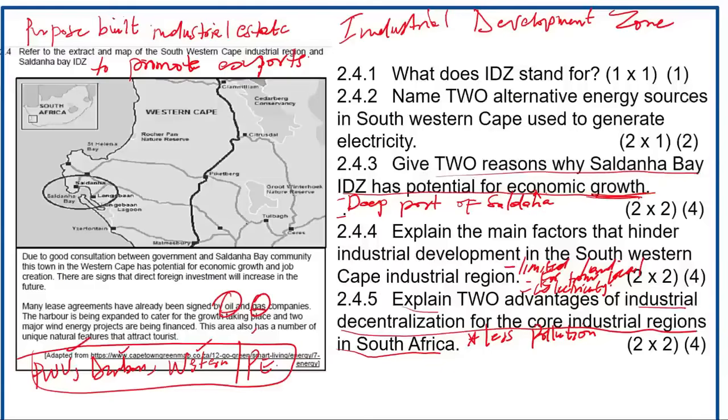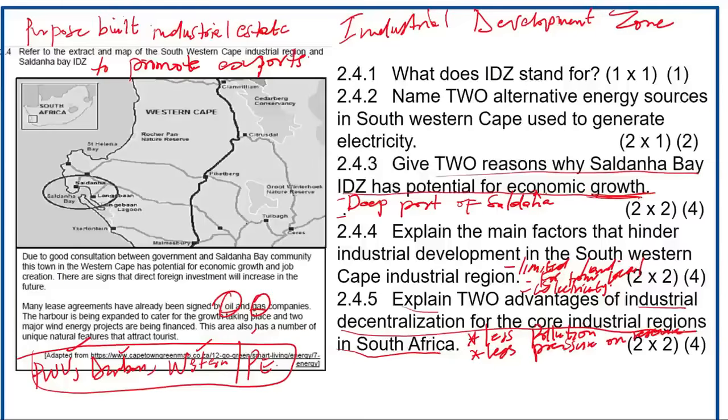There are other IDZs. We said IDZs are industrial estates. So what are they doing? They are reducing the pressure from the core industries. There's going to be less pollution in this industrial area. As there is less pollution, there's going to be less pressure on resources.